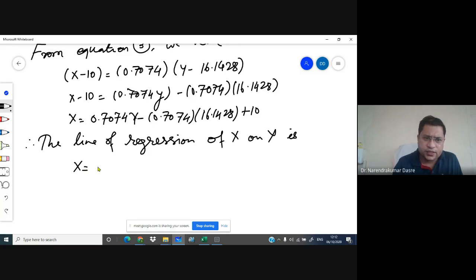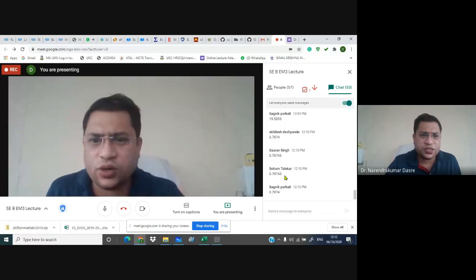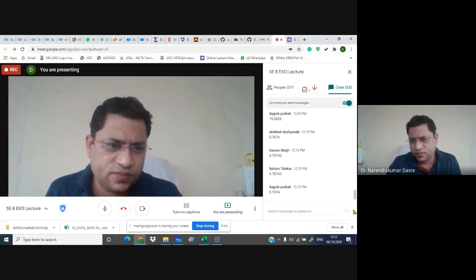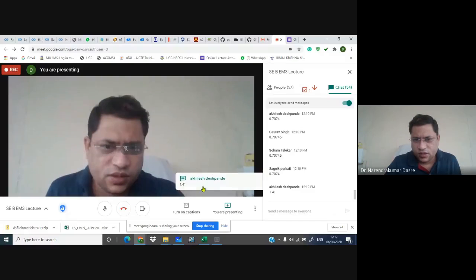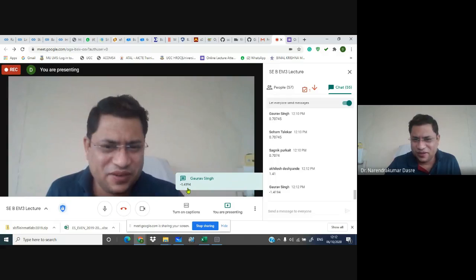So you got x is equal to 0.7074 y, and then give me this coefficient. What is the value of the coefficient of the constant you got? Have some more digits.